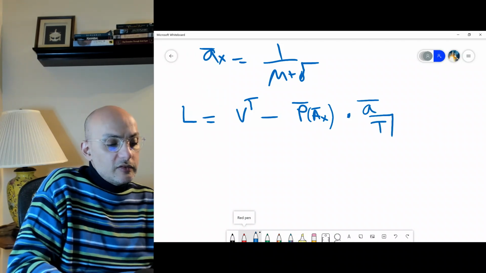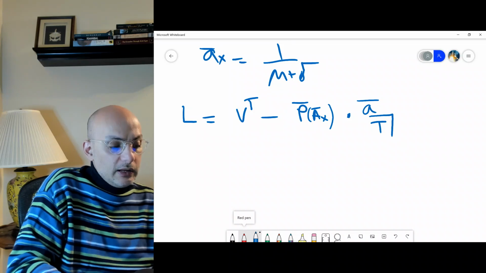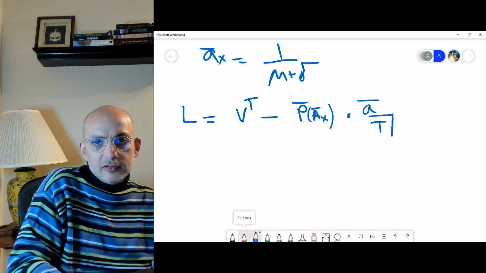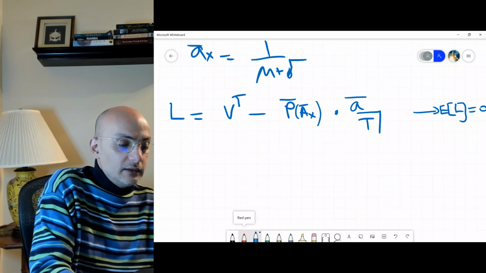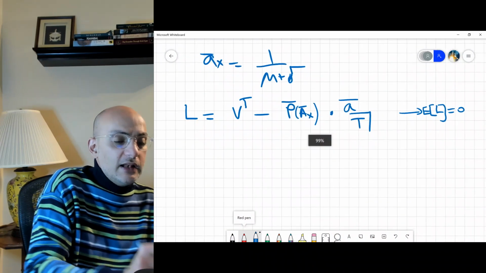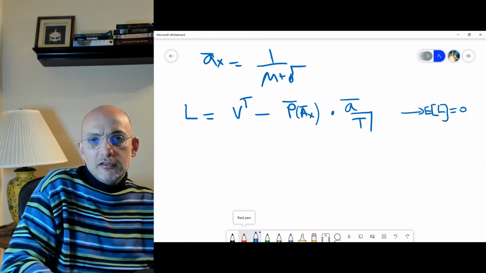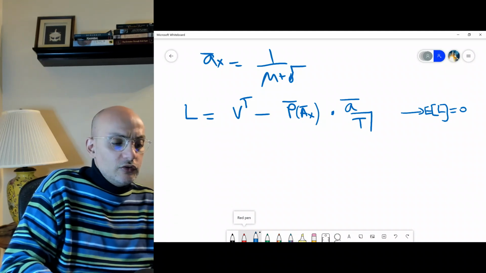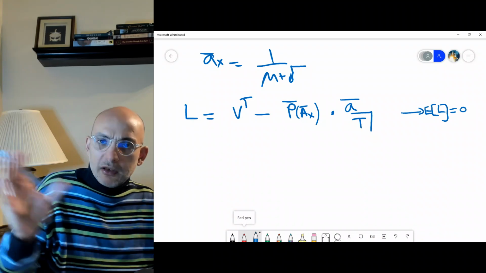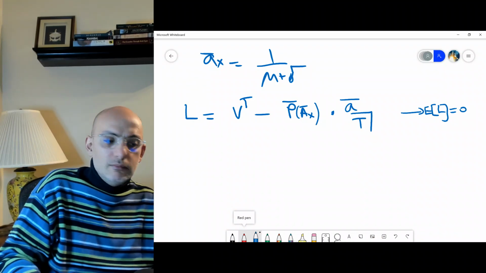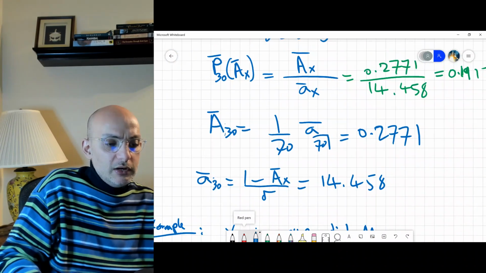And we said the expected value of this, the expected value of L, is 0. So the expected value of the loss using the equivalence principle is 0. But usually, if you take one expected value over a large number of cases, but if you take one case, it might be positive, it might be negative. It depends where you are on this curve.